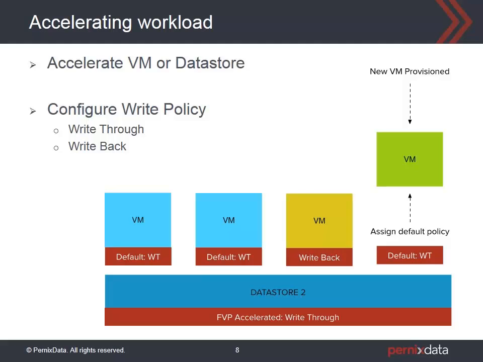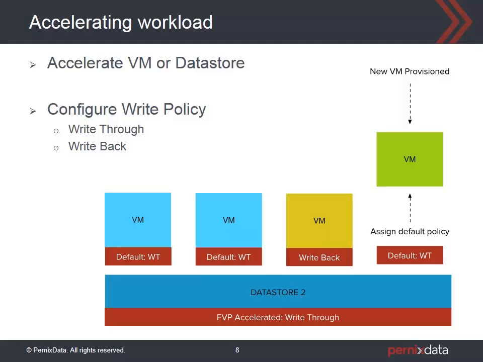And when you accelerate on a data store level, you are creating a default policy for that data store, so that all the existing virtual machines that are running on that data store get that write policy. But also, the newly provisioned virtual machines will automatically get that policy attached to the virtual machine.